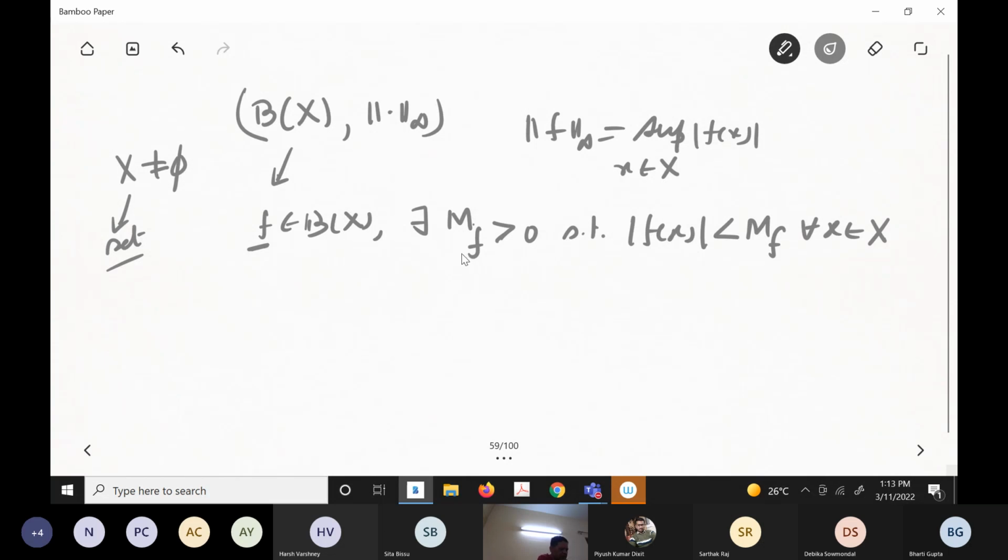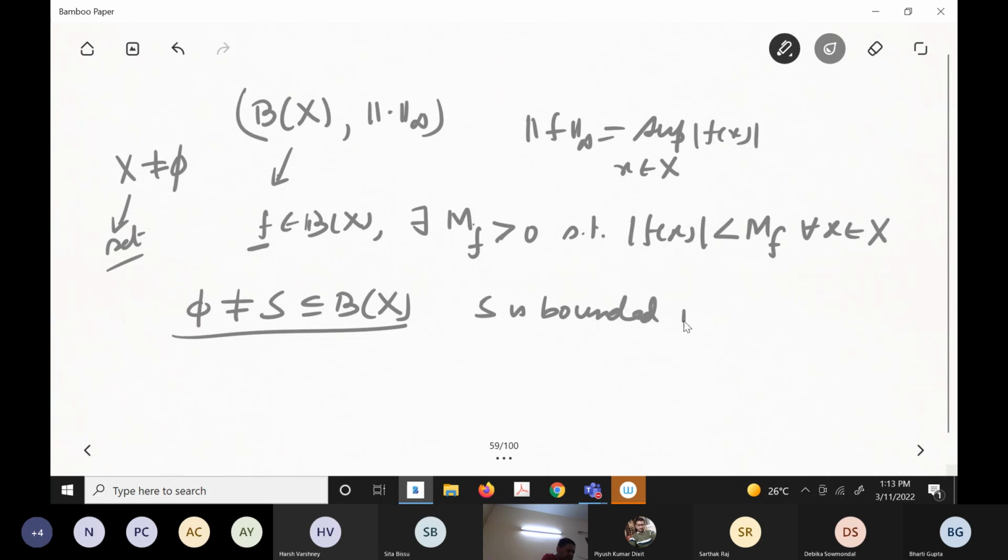On the other hand, suppose I have this, and suppose S is bounded in this space. Students always confuse between this bounded thing and that.